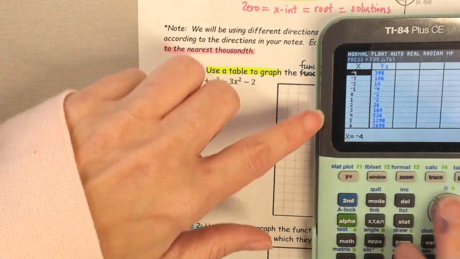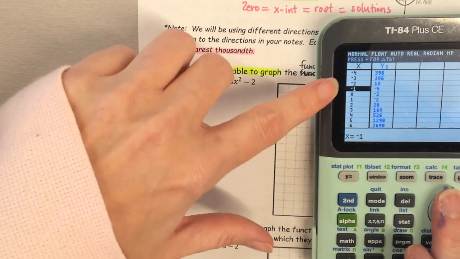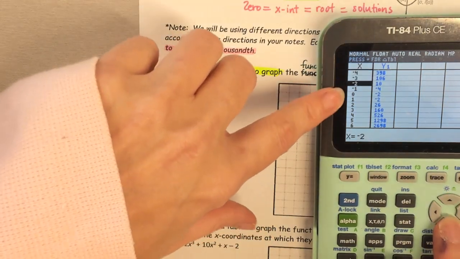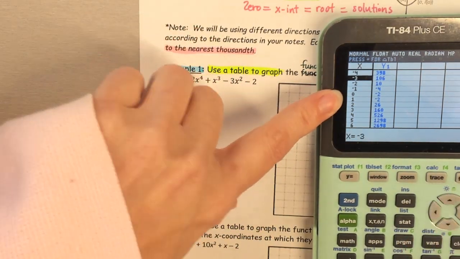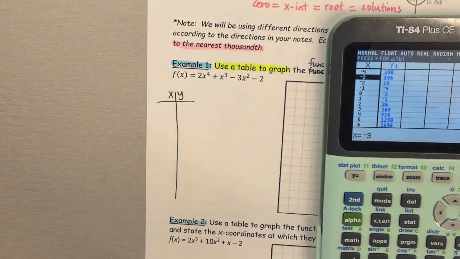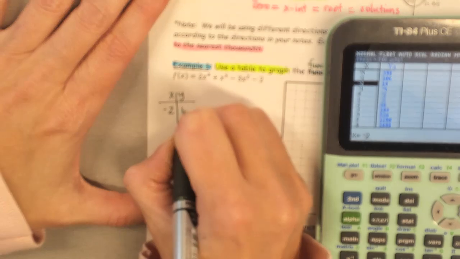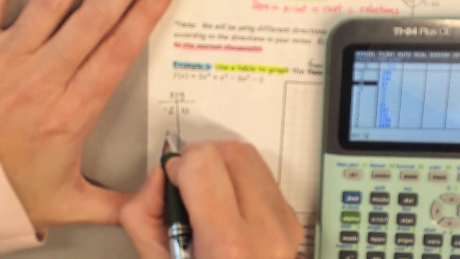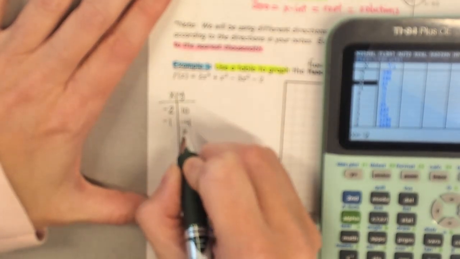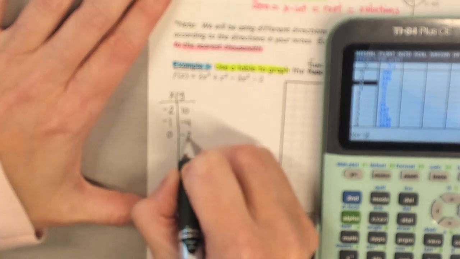Okay, so if you're starting at 0 and you scroll down, you want to look for those sign changes. So we're not going to have to graph the negative 106, but the negative 210, we should graph that. The negative 1, negative 4, the 0, negative 2.